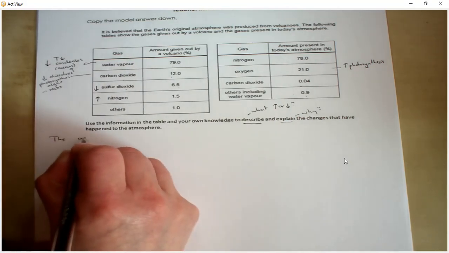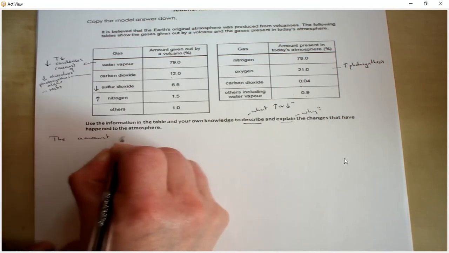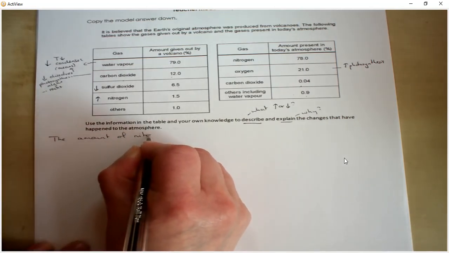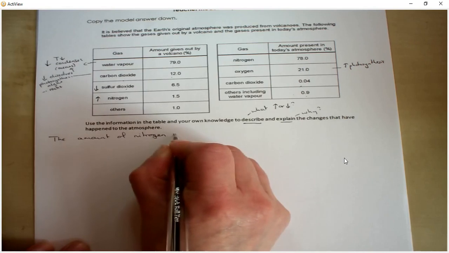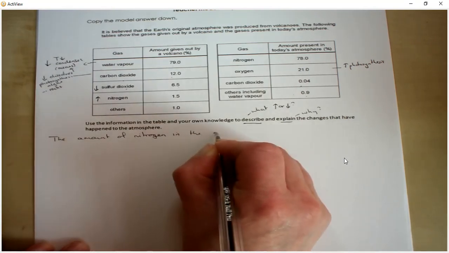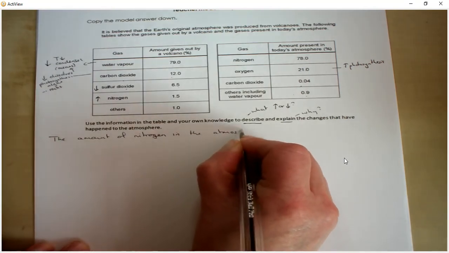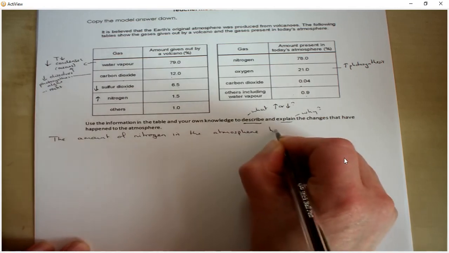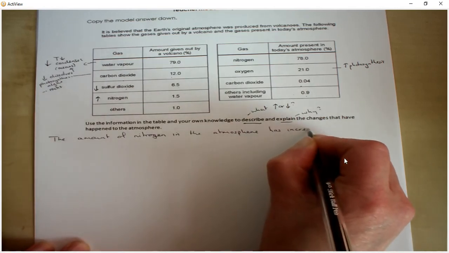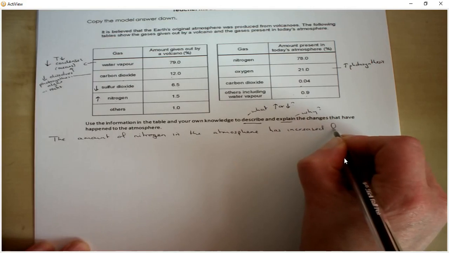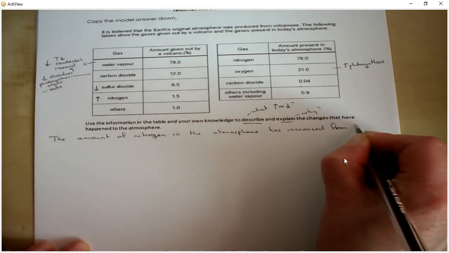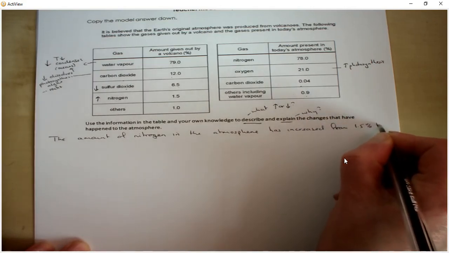So the amount of nitrogen in the atmosphere has increased from 1.5% to 78%.